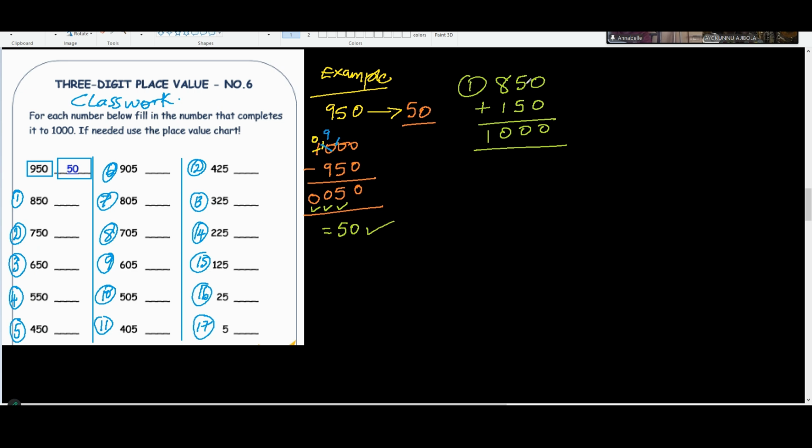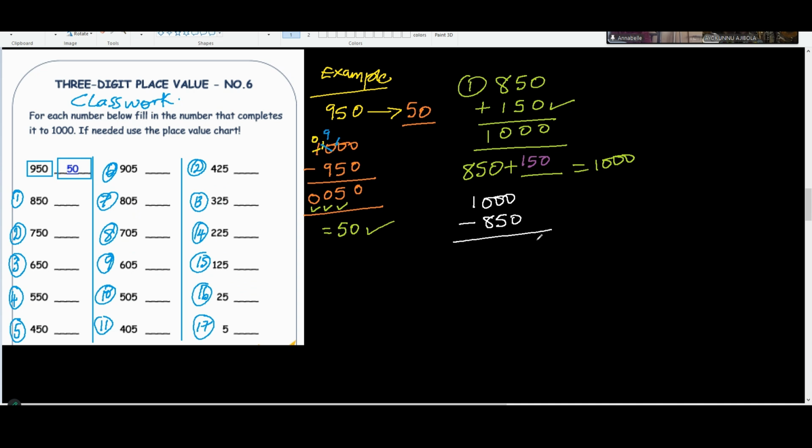So 850 plus what will give 1,000, and that is 150. But how am I supposed to get the 150? I would just say 1,000 minus the 850.